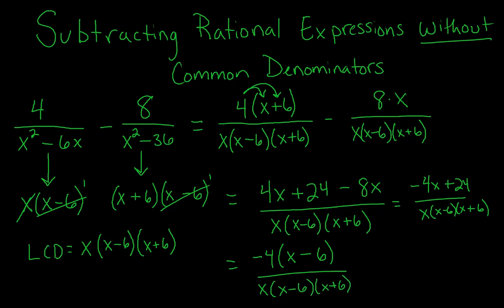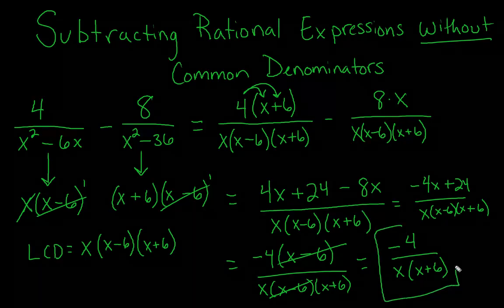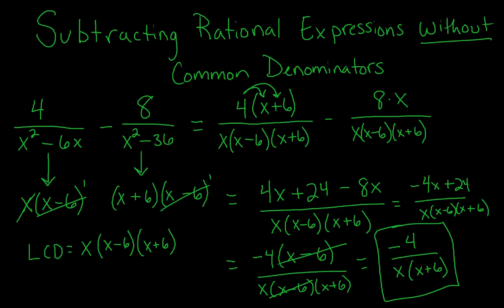Then look to see if there are any common factors we can simplify. You can see x minus 6 and x minus 6 are common factors, which leaves us with a final answer of negative 4 over x times x plus 6. And that is how you subtract rational expressions without common denominators.